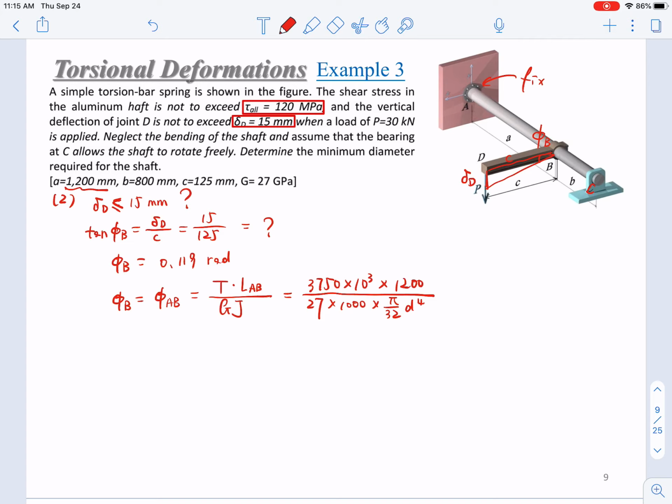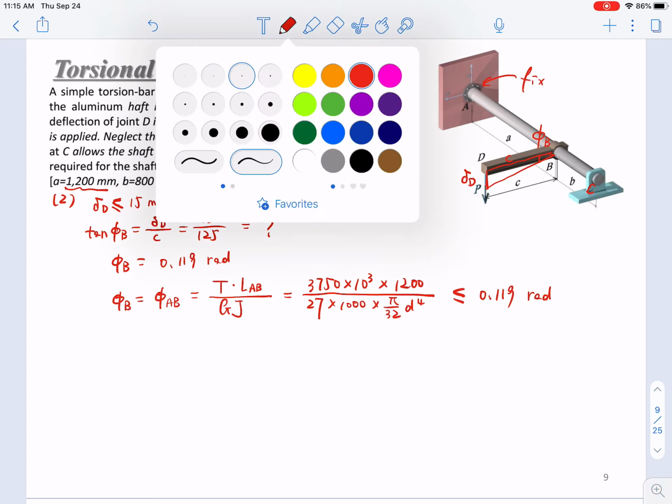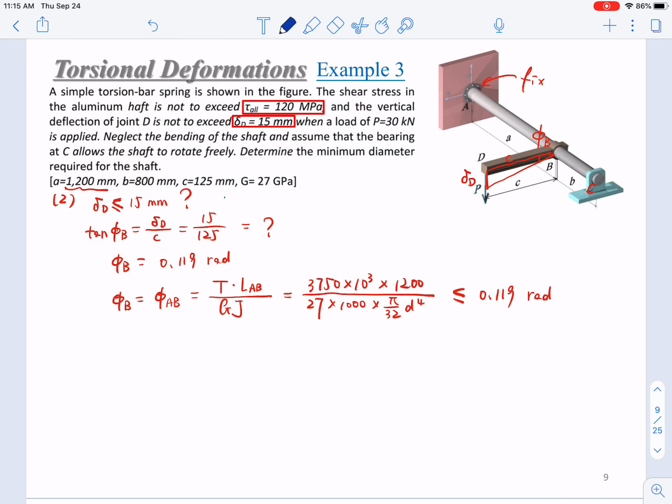Okay, this has to be smaller than 0.119 radian. So just from the 3 steps above, we have converted this criterion, the deflection criterion, to an angle of twist criterion. Then we use this to do this calculation.